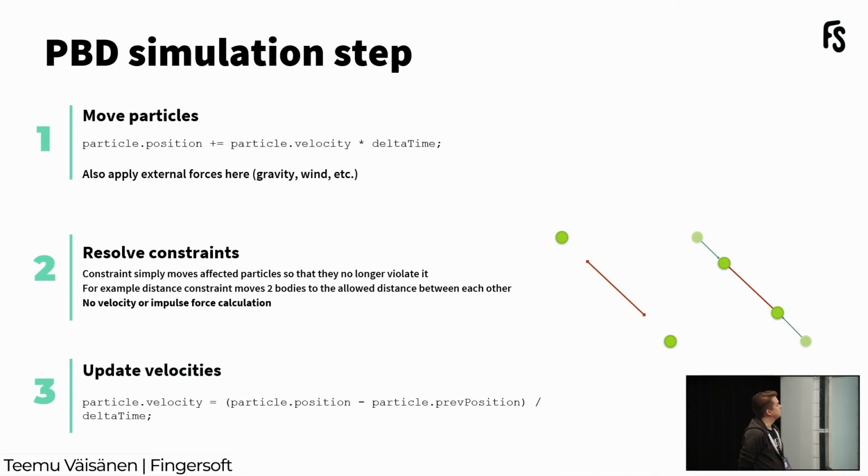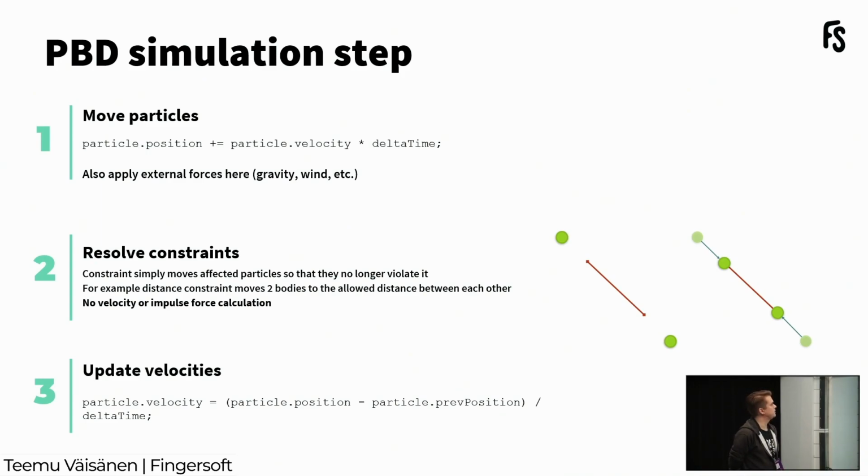So how does the stepping work? This is a little bit dumbed down and not actual proper code, but maybe you'll get the idea. And I would say, first of all, step 1 and step 3 are actually very much linked together, and you don't actually have to track the velocity there. But it was a little bit clearer if I write it down like that. So basically, the first step is to move the particles.